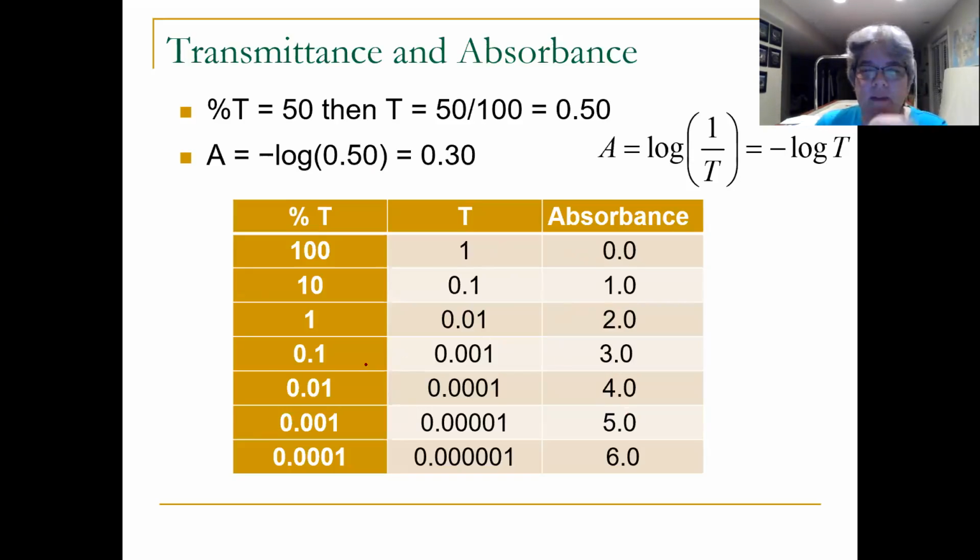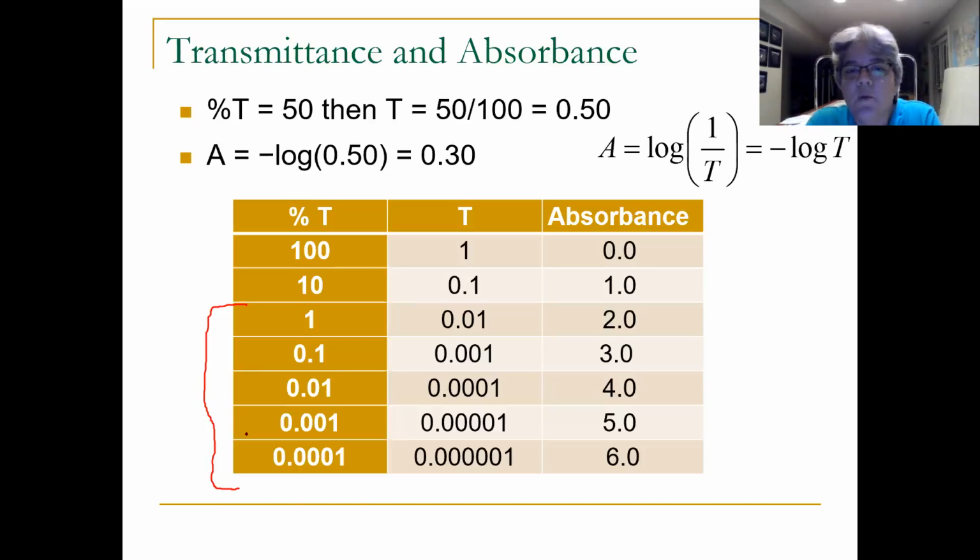What you should realize is that when we start talking about these numbers, 1% of the light goes through. That means your signal is now very small. Most of the light is being absorbed, and those numbers are very difficult to measure.